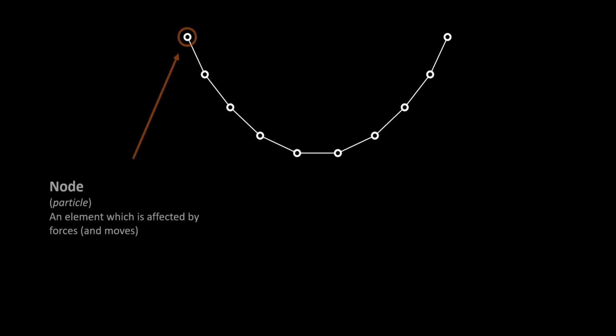Okay, so what is a particle spring system? Basically, everything in Kangaroo is either a node, so a point with some properties, or a line, something that connects two points. We also call the nodes particles. Only the nodes, the particles, can be affected by forces.